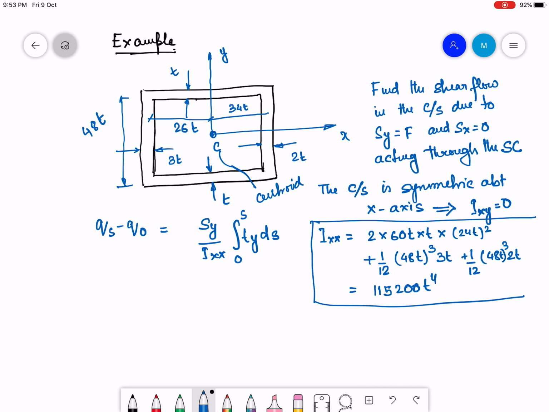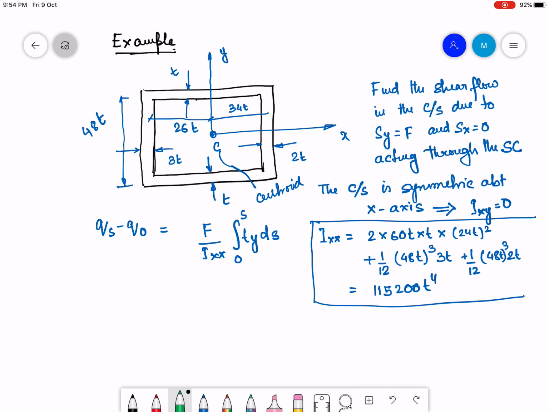Okay, so now I have got the expression. So Sy indeed can be replaced by F, because Sy is F. So now let me try to find out the value of Qs over the cross section. Let me number the points.